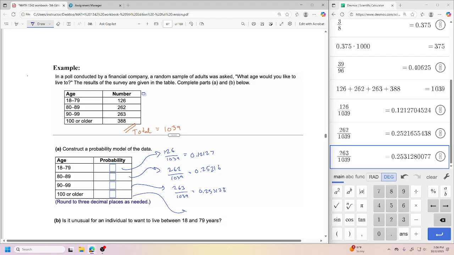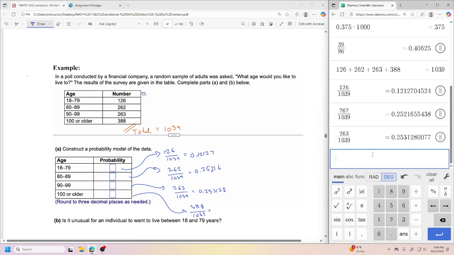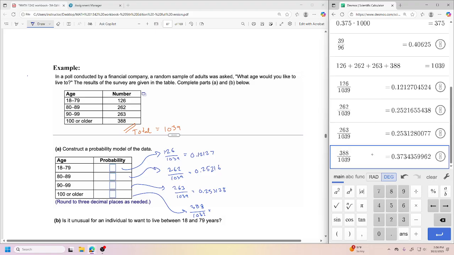Okay, last one is the 388 over the total. 388 over 1,039. And I got 0.37344 technically. There you go. All right, so there's your answers.